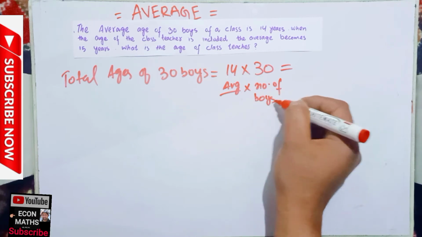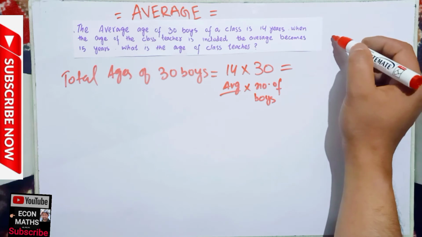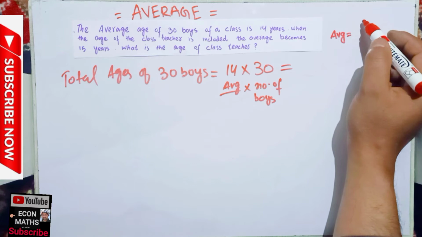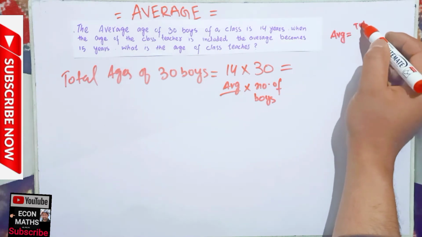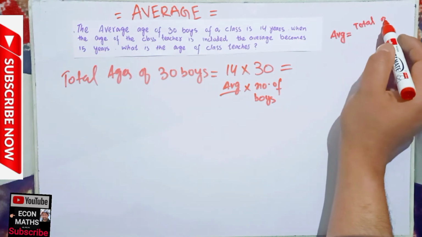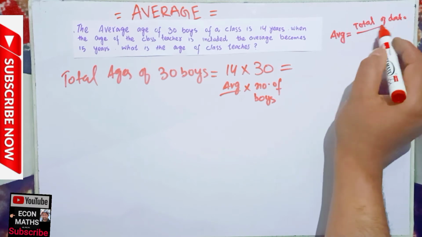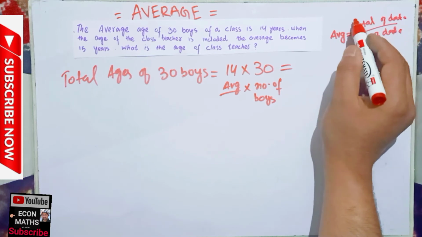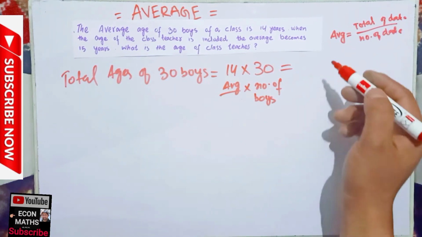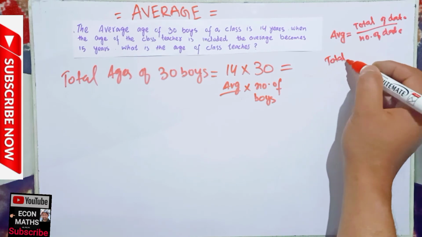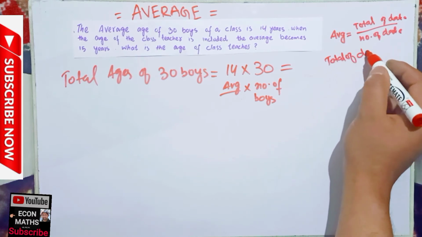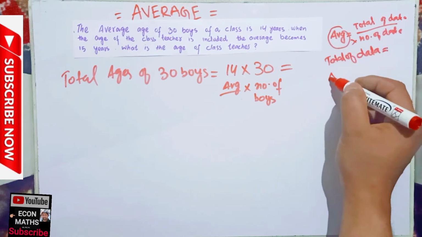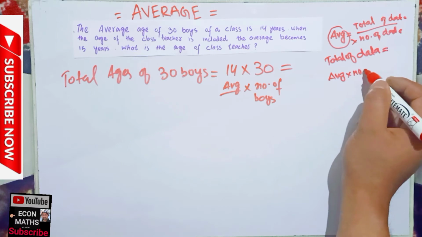Because we know that average is equal to total of data divided by number of data, therefore total of data is equal to average times number of data.